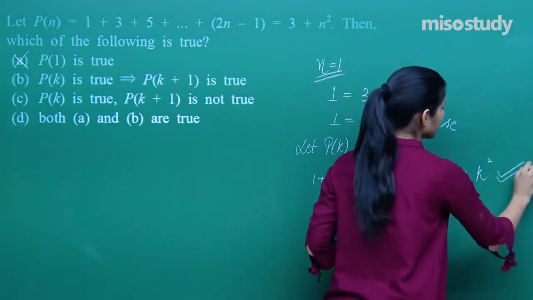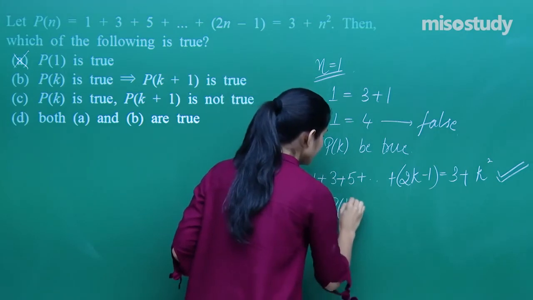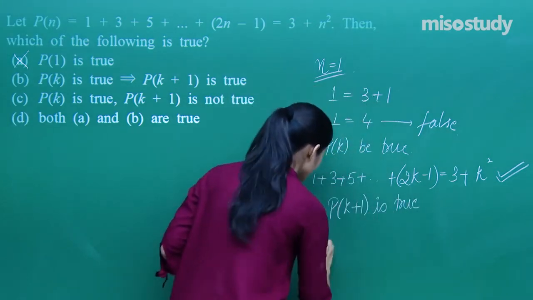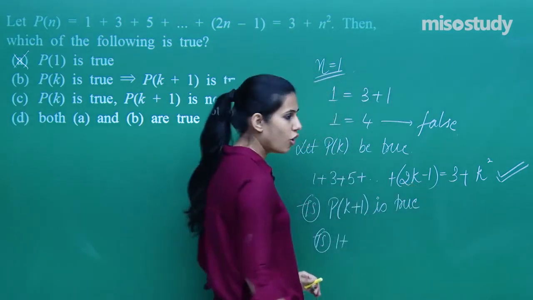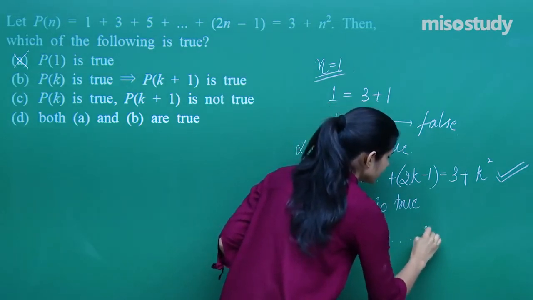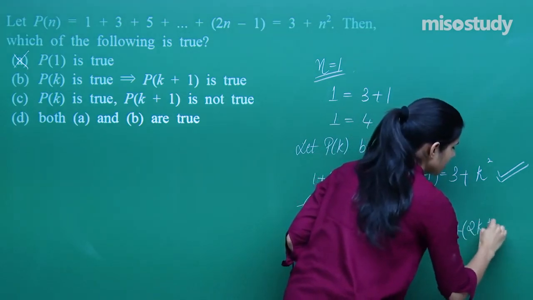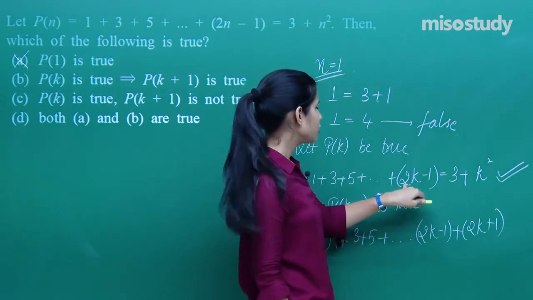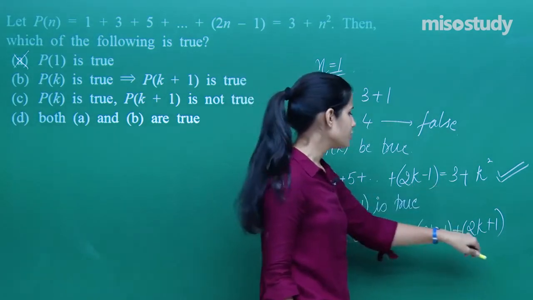I have to show that when this is already holding, then Pk plus 1 is true. That means I have to show that when I replace k by k plus 1 on the left hand side, what I get is this. You replace k by k plus 1, you get twice of k plus 1 minus 1, which is 2k plus 2 minus 1, which is 2k plus 1.